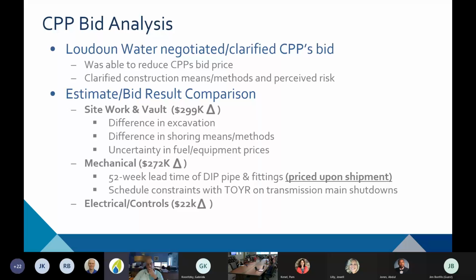And if you remember, we have a time of year restriction as well on when these connections can actually be made. So if we think about the schedule at a high level, if the contractor is able to get his submittal into us and his piping approved in the next couple of months, it actually won't be delivered for another year, right?